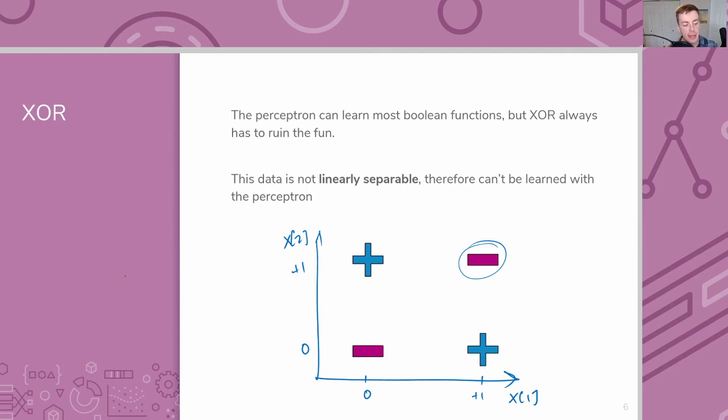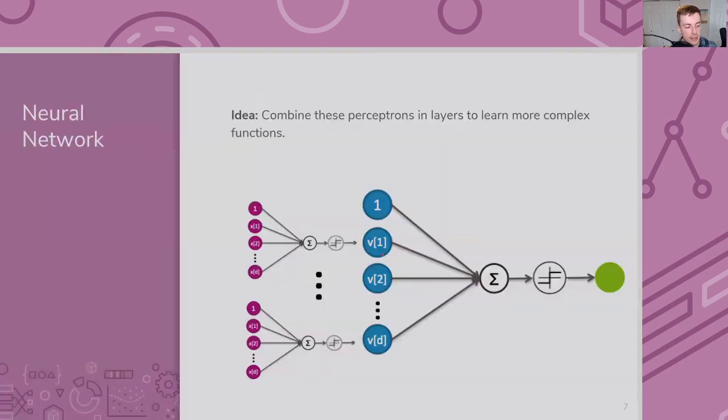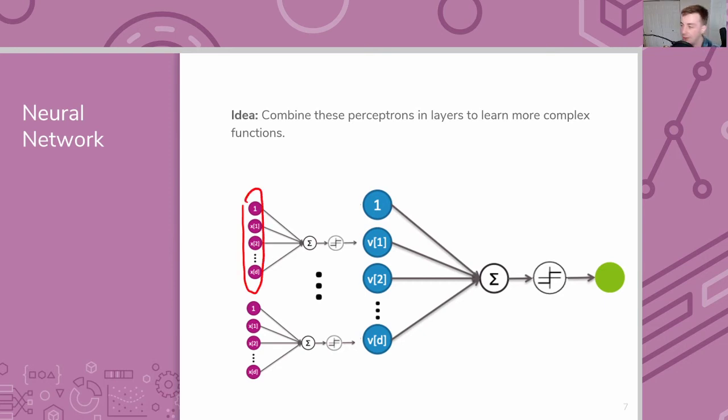So the trick that people do is they change this model to combine many neurons together. The idea is to combine individual perceptrons to build a neural network that can learn more complex functions together. So our idea was we'll still have our D feature inputs and our intercept.